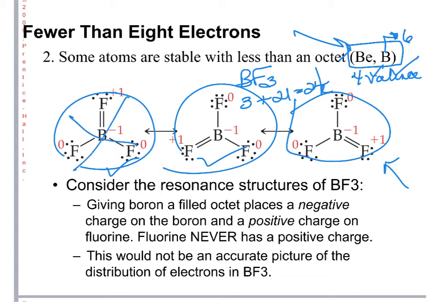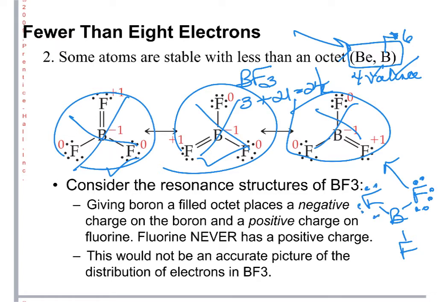But it turns out those are not stable, and how boron trifluoride exists in nature is simply like this, where the 24 electrons are spread evenly around the external fluorine atoms, and boron in the center only has 6 valence electrons, and that is the most stable configuration.